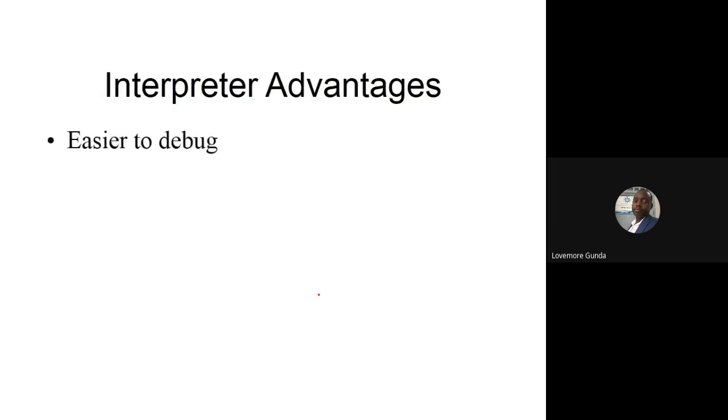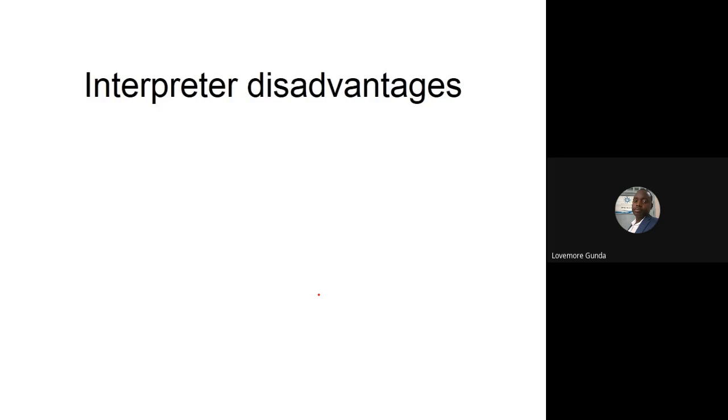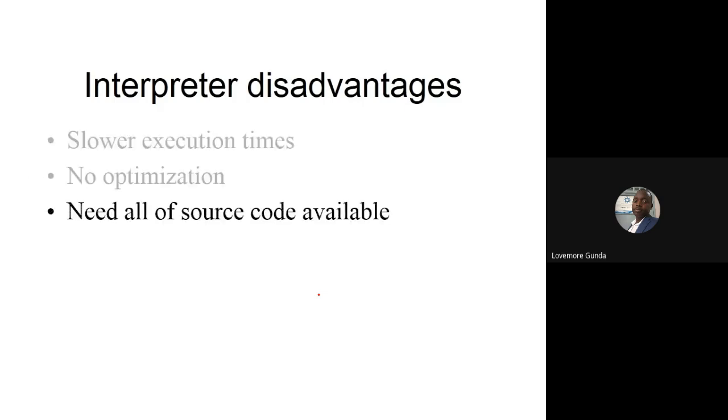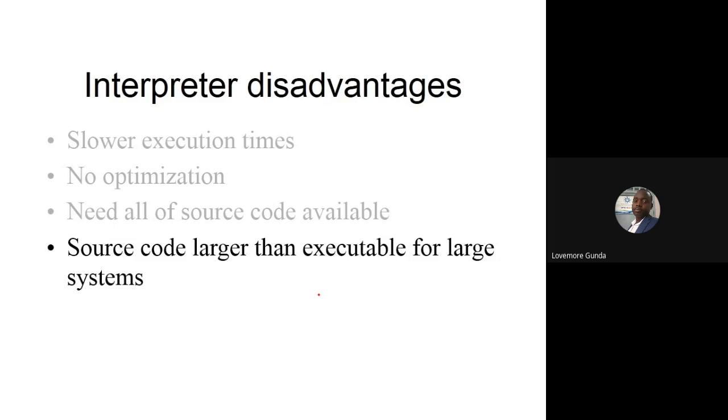In an interpreter, it's easy to debug since you are going line by line. Faster development time because there is no need for the compilation, creation of object code, and so on and so on. Disadvantages: slower execution times because of the line by line, there is no optimization, and it needs all the source code to be available at once, right?